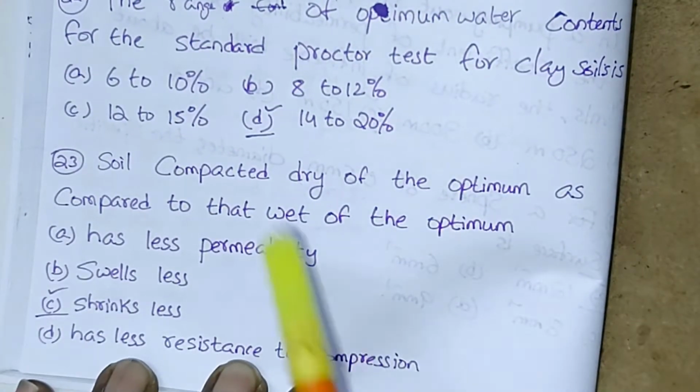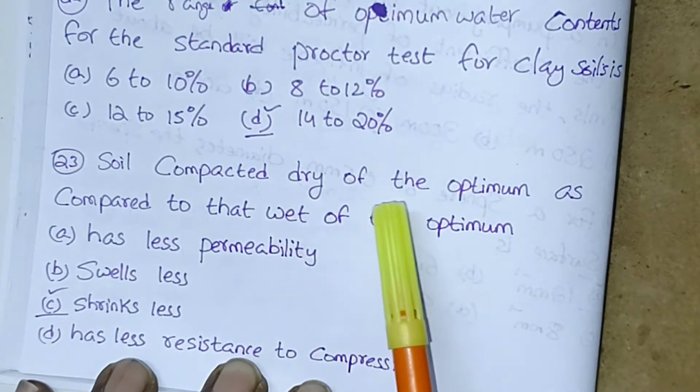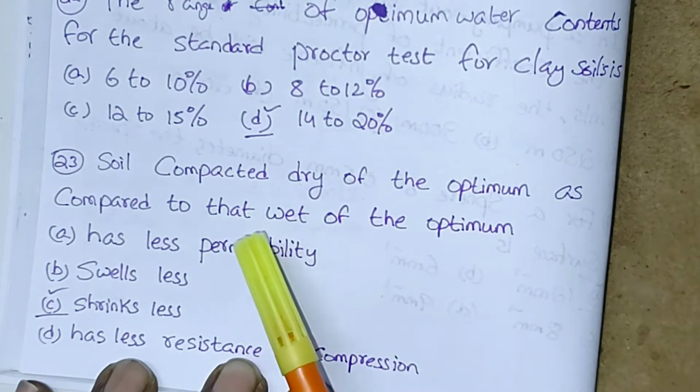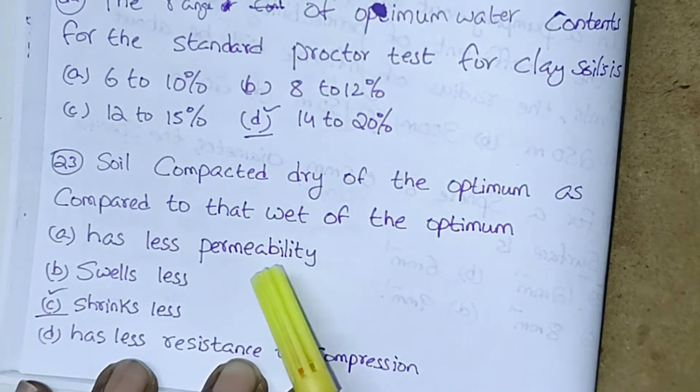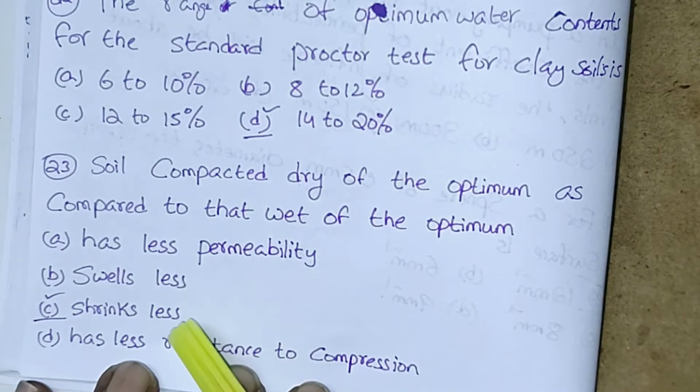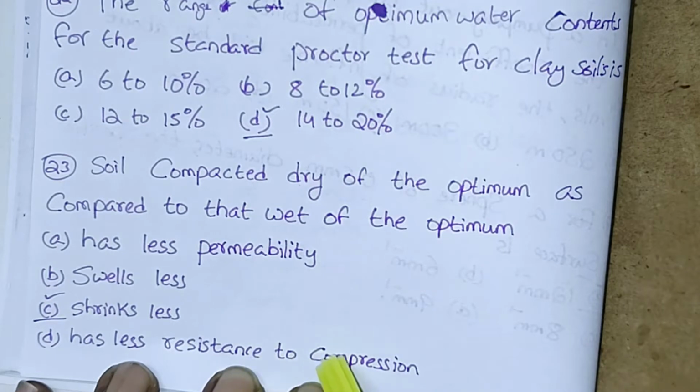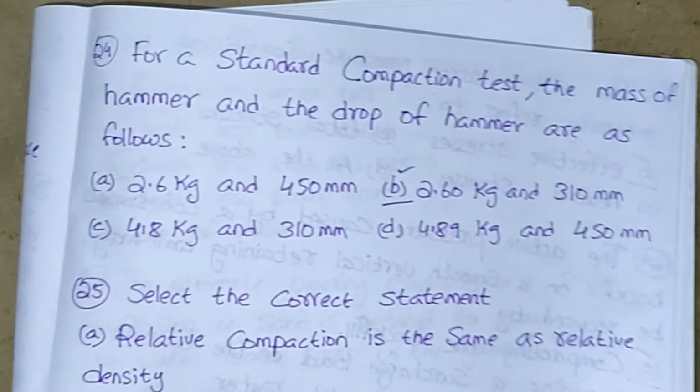Next, soil compacted dry of the optimum as compared to that wet of the optimum has less permeability, swells less, shrinks less, has less resistance to compression. So the answer is shrinks less. Now we will continue.